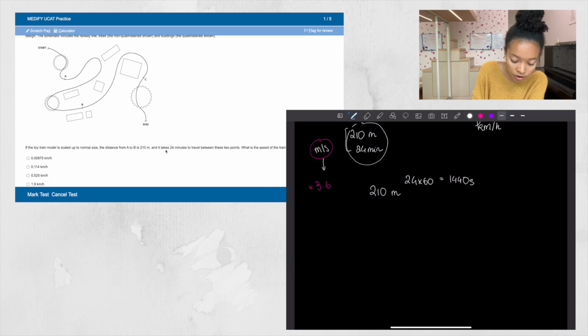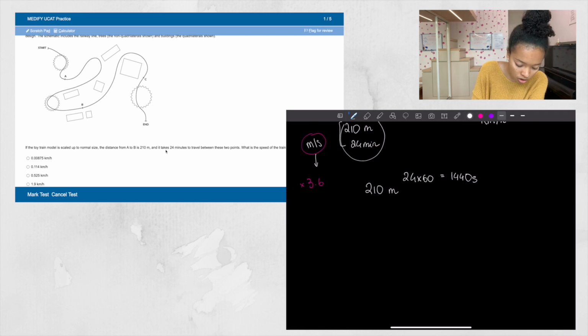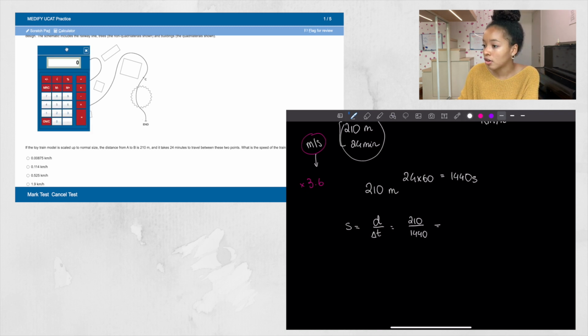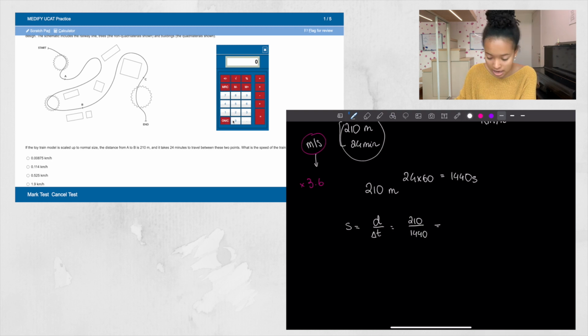And then to figure out the speed, you have to do distance over time, so 210 divided by 1,440. If we use a calculator to figure out what it is, 210 divided by 1,440 gives us a speed of 0.146 meters per second.